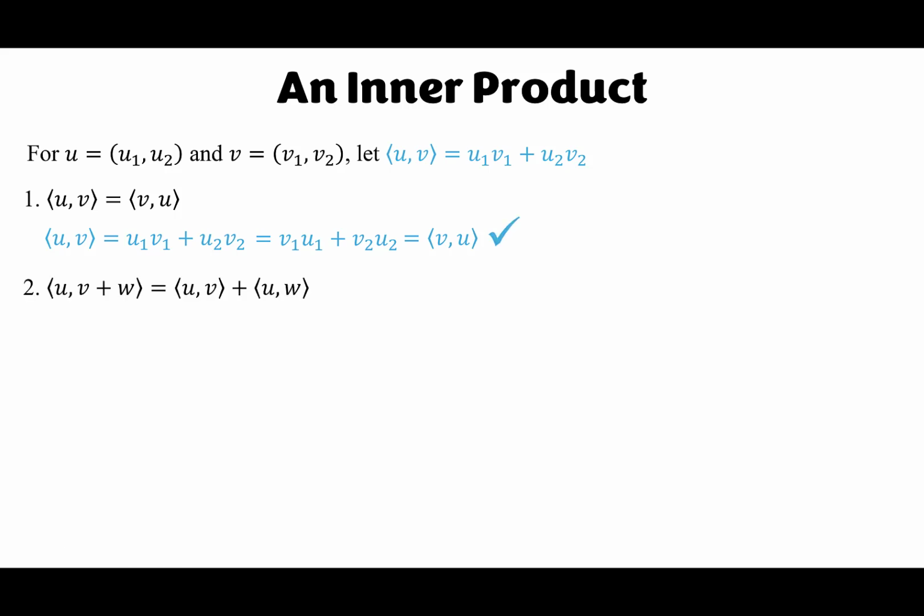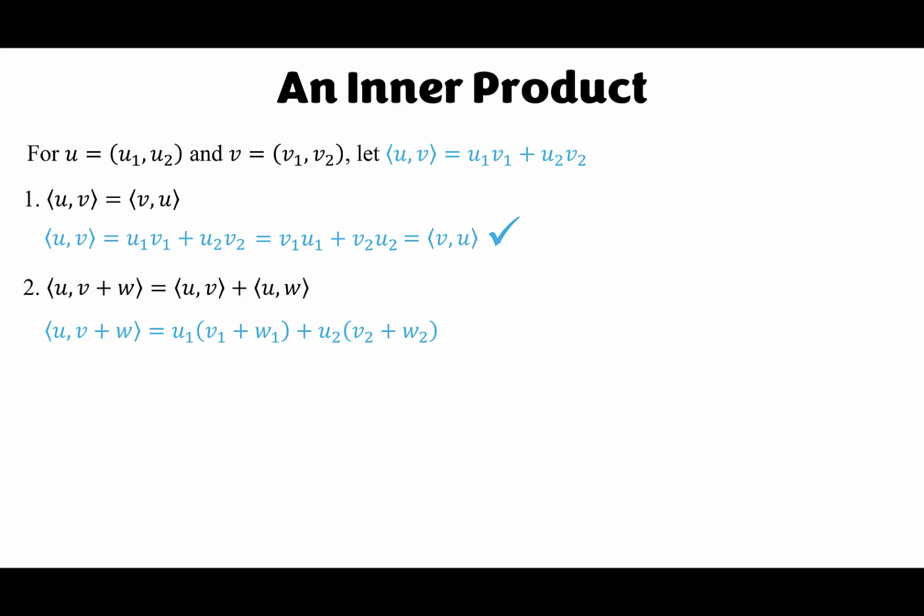Now let's look at the distribution property. The inner product of u with v plus w, by our definition, would be u1 times v1 plus w1, added to u2 times v2 plus w2. That parentheses is the second vector: v plus w is just a vector, so that's the second vector in our inner product.